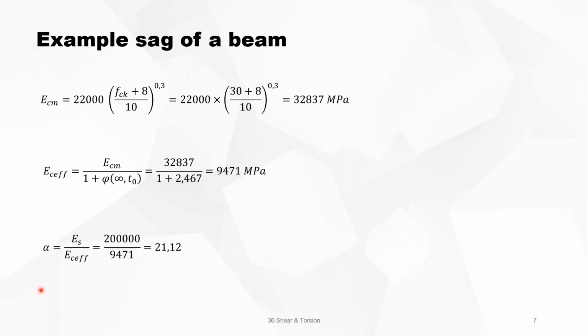And then alpha is Es divided by Ec,eff, and gives us 21.12. This is high. Normally, in the serviceability limit state, we expect an alpha value around 15. This is 21, it's still okay, but we should be aware this is high.